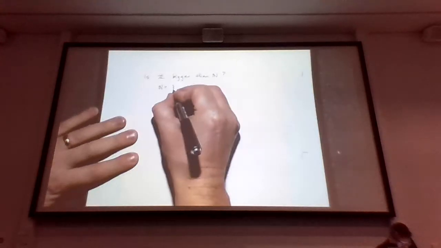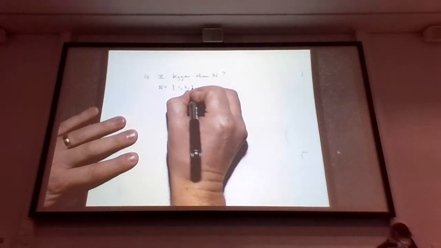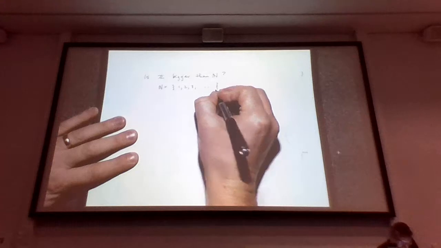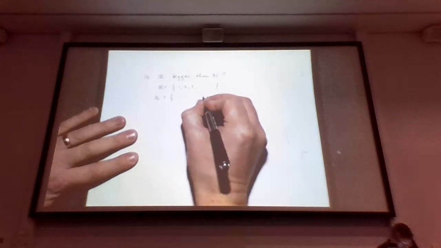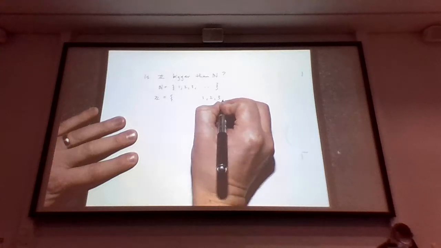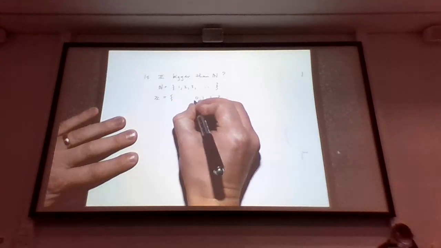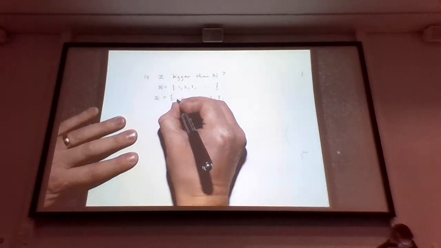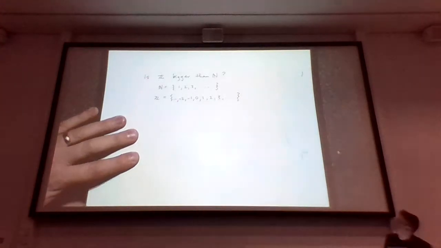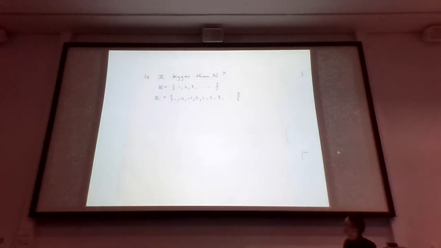N, the natural numbers, is 1, 2, 3, etc. Z, the integers, well, it has 1, 2, 3, etc. in it. It also has 0, and it has -1, -2, and so on. They're both infinite. But when you look at it in some ways, it kind of seems like the integers are twice as big.